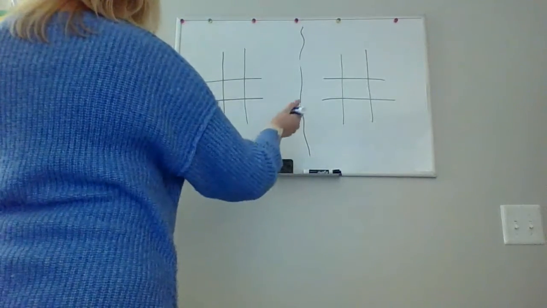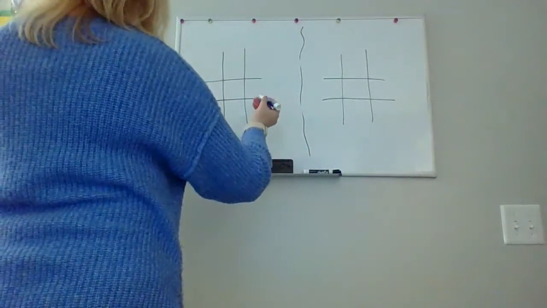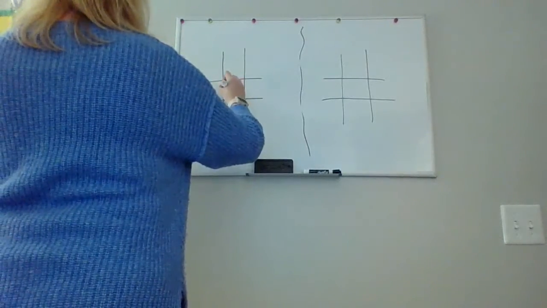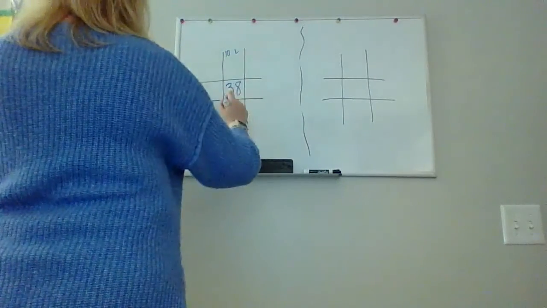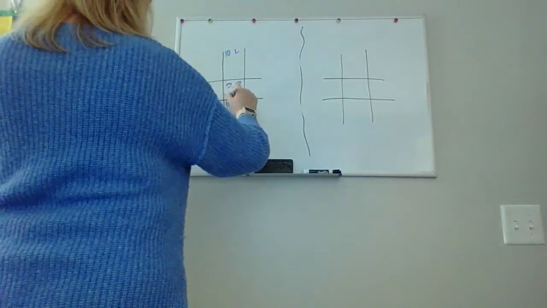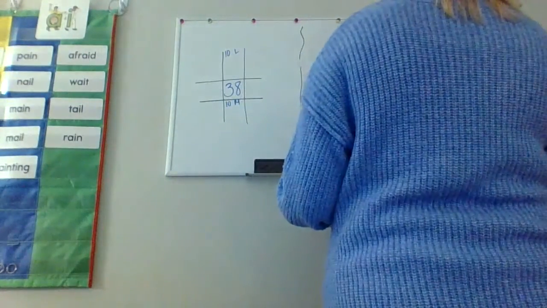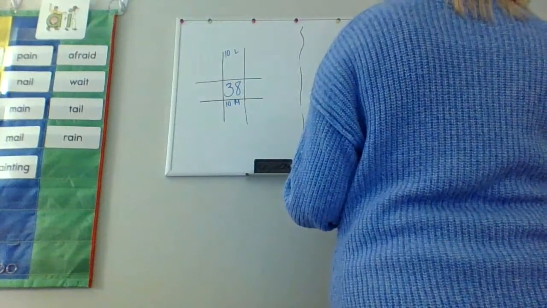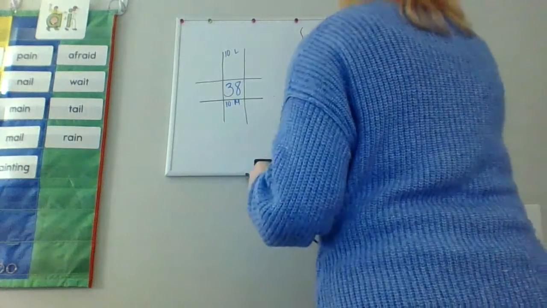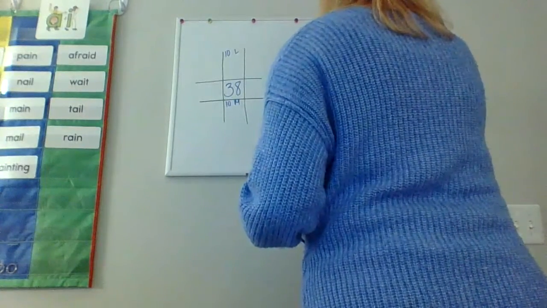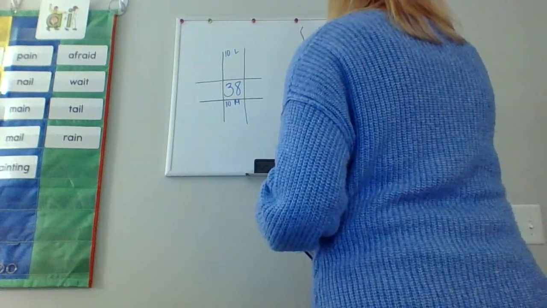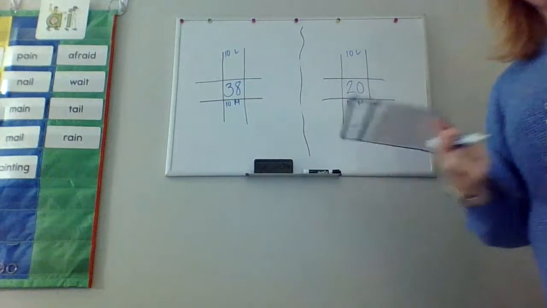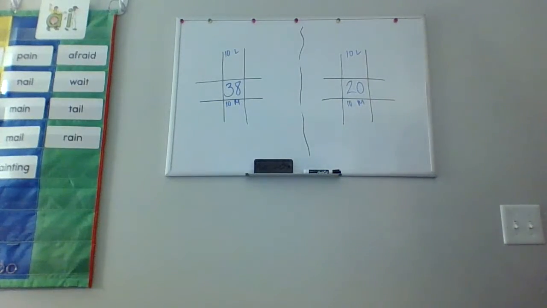First number is 38. I want you to tell me 10 less and 10 more. Second number is 20. I want you to tell me 10 less and 10 more. When you finish, give me your best squishy face.